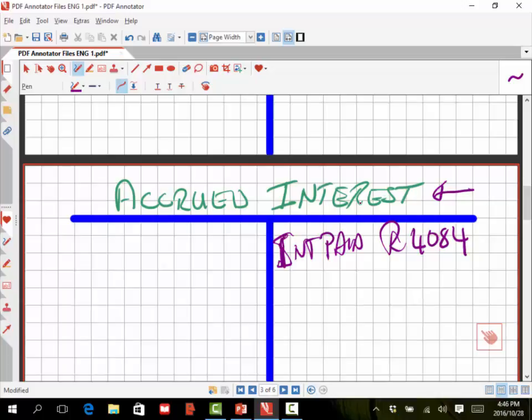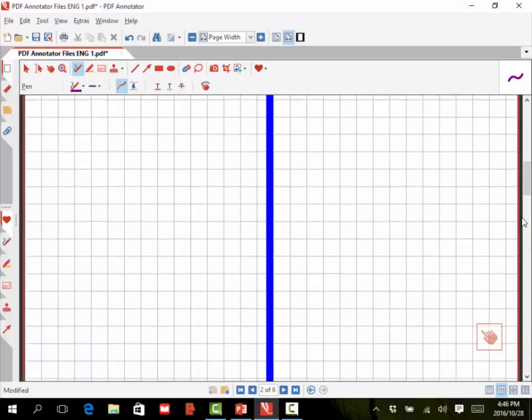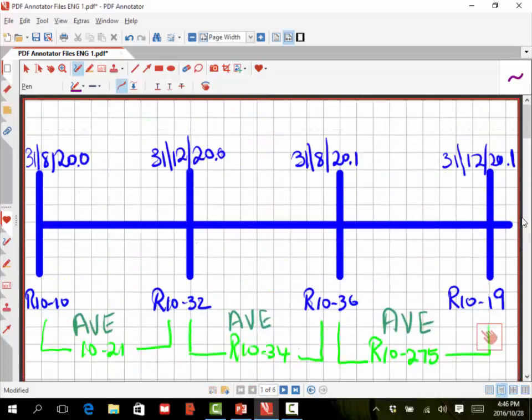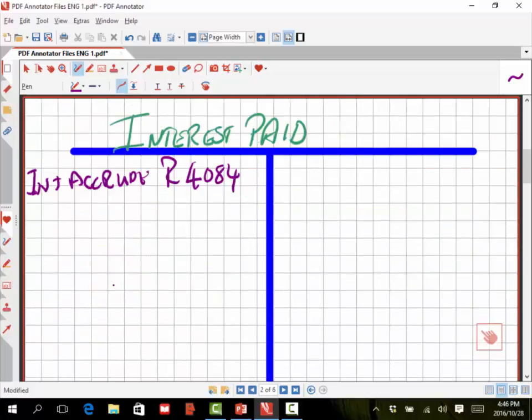So for that reason we'll have to go and look at the two rates there. The year-end rate is the 10.32, which we have there, and it was done on the average rate.